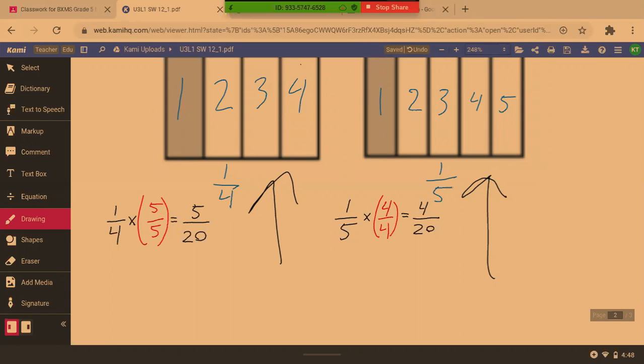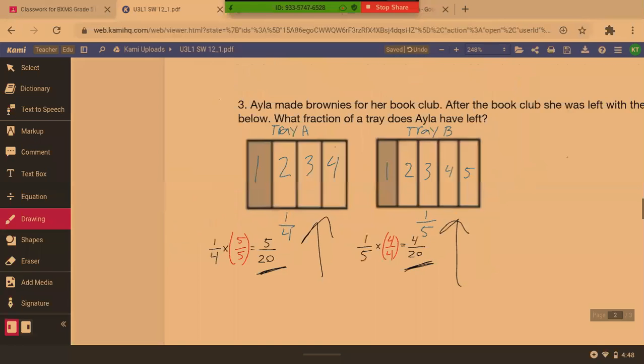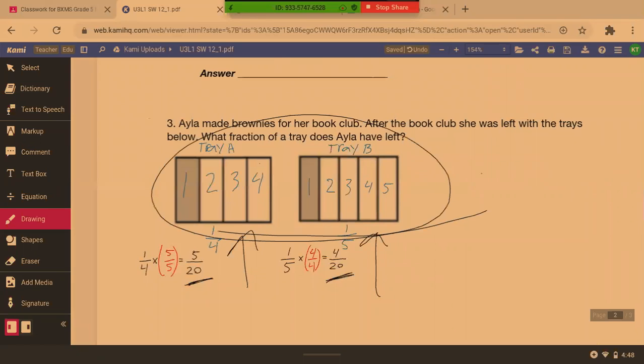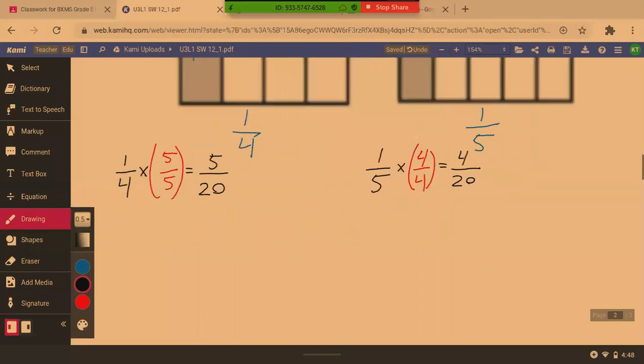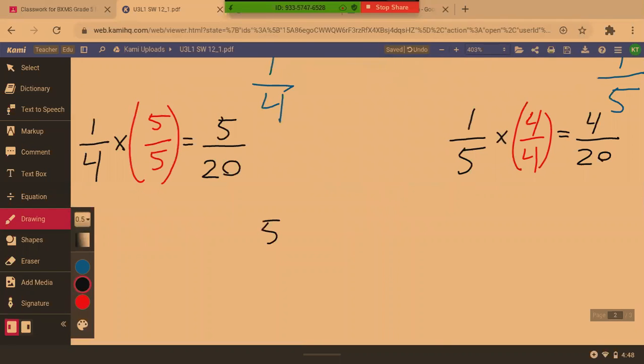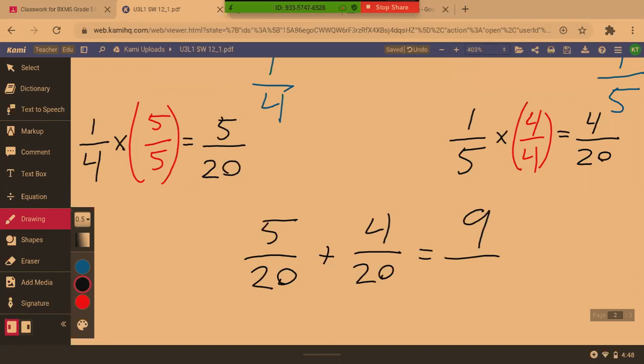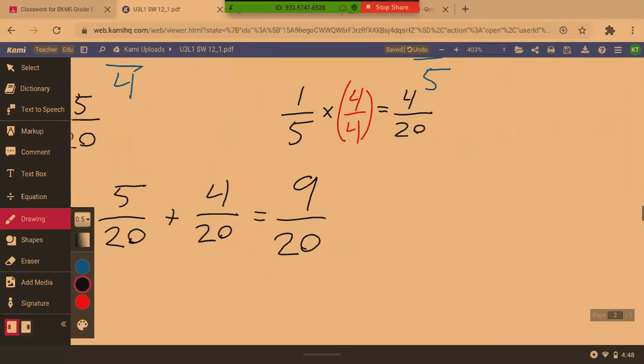Now I am going to add these two fractions together to see how many total brownies are left. So let's add 5 over 20 plus 4 over 20, and I am getting 9 out of 20.